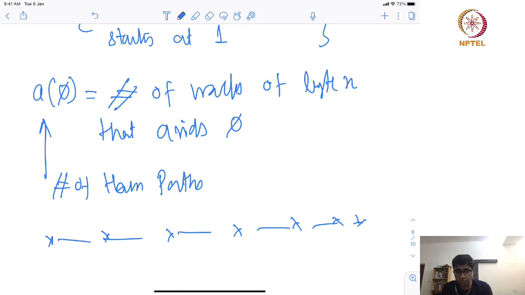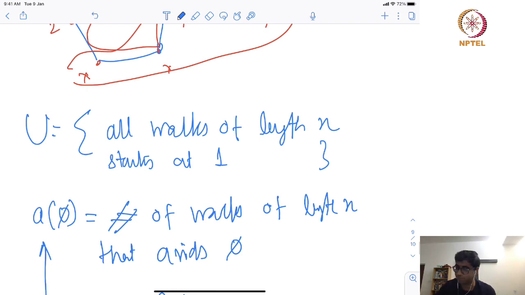And since it is of length n, every vertex appears at most one time. So this walk is nothing but a classical path. No edge will be repeated, no vertex is repeated. So A of phi is the number of walks of length n that avoids phi.